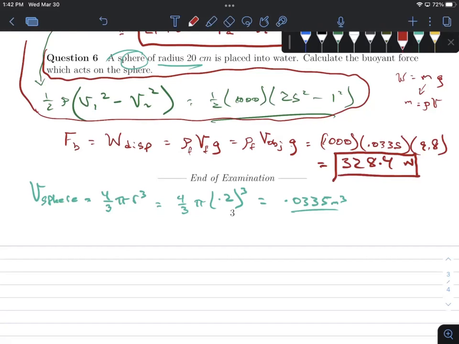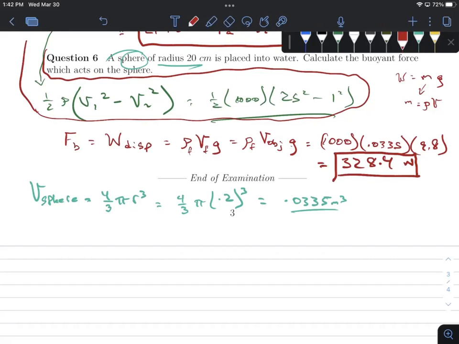So one thing I could say, of course, is that's the answer, and that's as far as you have to go. But if you're going to investigate it a little bit, what this would tell you is if the sphere that you're putting into the water weighs more than 328 newtons, then the sphere will sink.